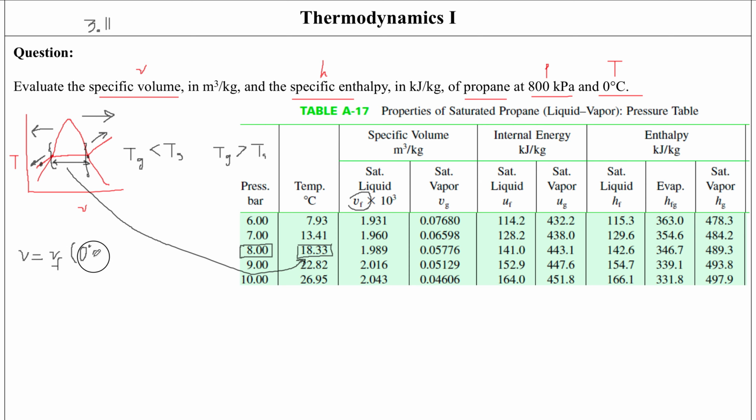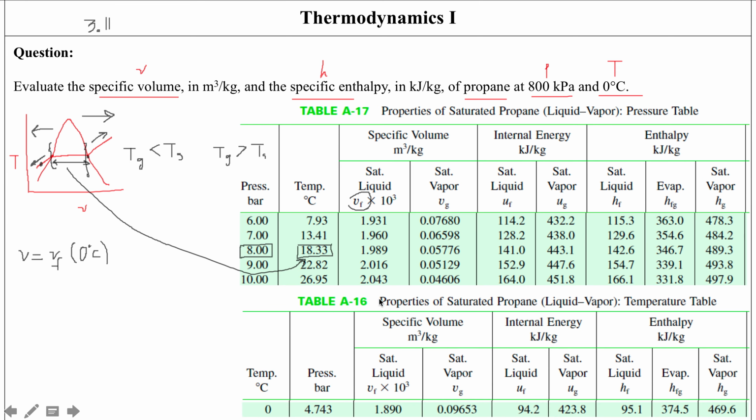Instead of the pressure table, you go to the temperature table, which is table A16 for propane, because the first column is temperature. Across this temperature, you look at the value of VF.